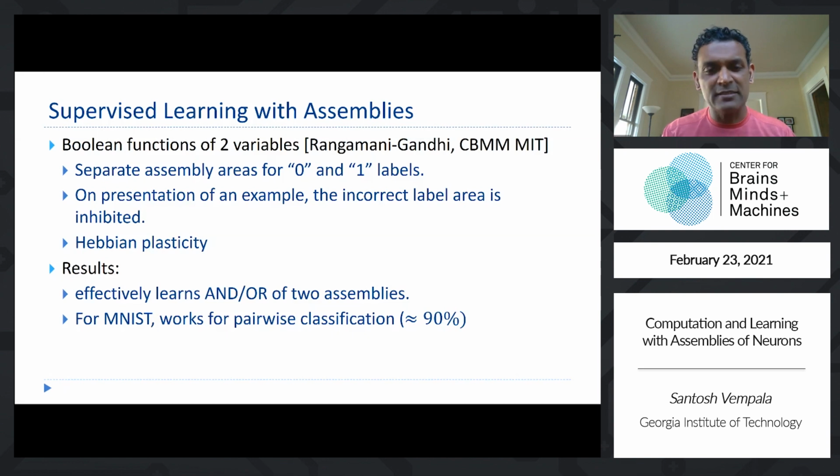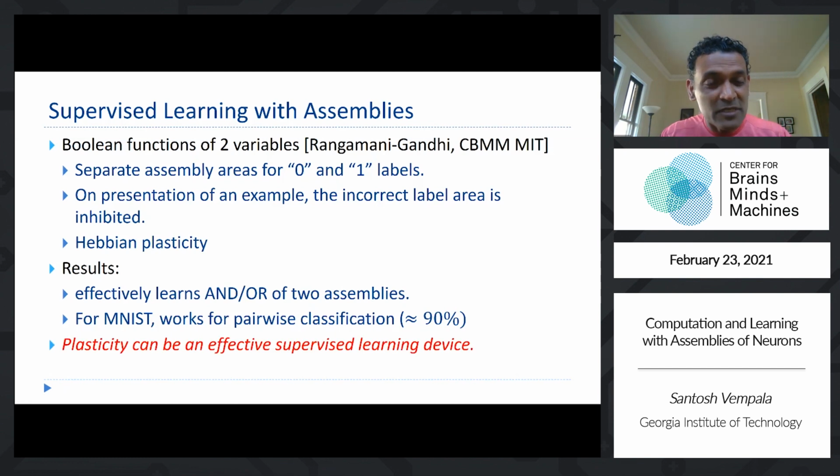They tried it on MNIST, and it works reasonably for pairwise classification, which is, people will immediately remind you, much easier than doing all 10 digits. And of course, MNIST itself is, but it's already a demonstration that plasticity can be effective for supervised learning. Okay, so this was what they did.